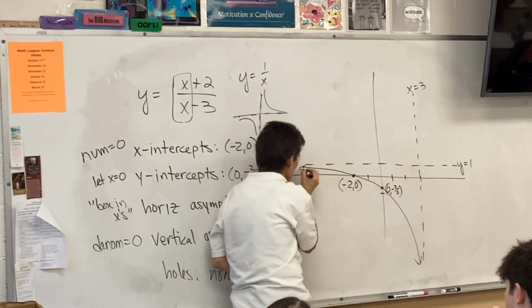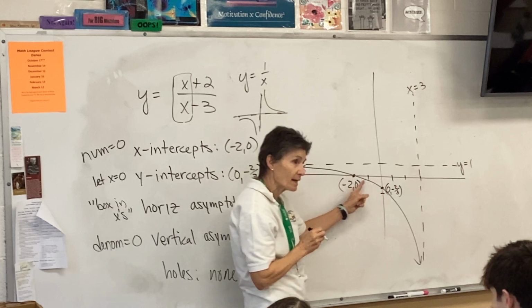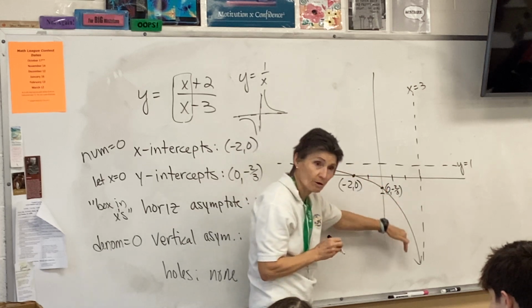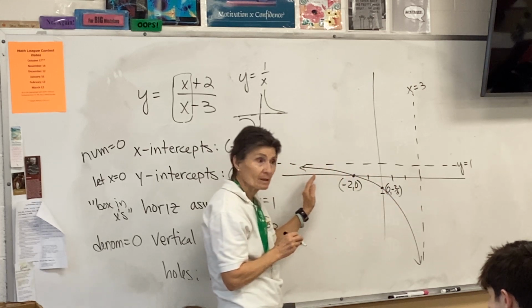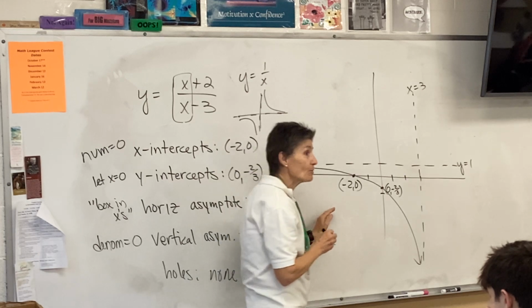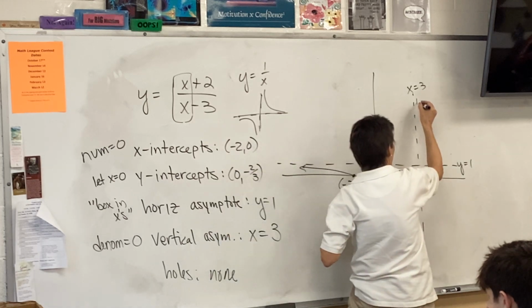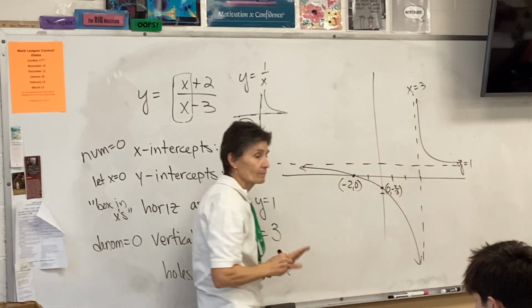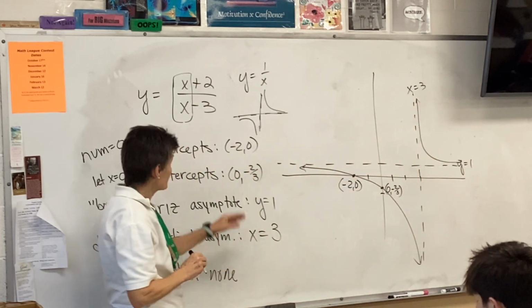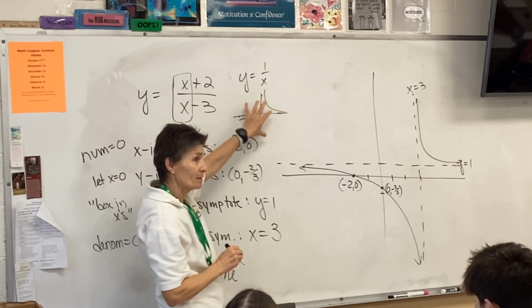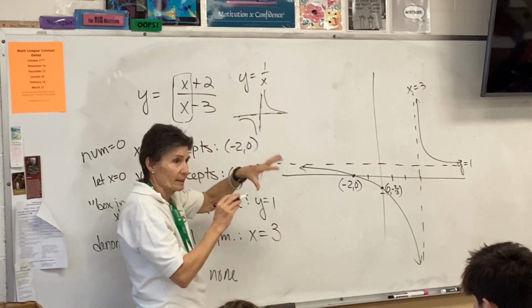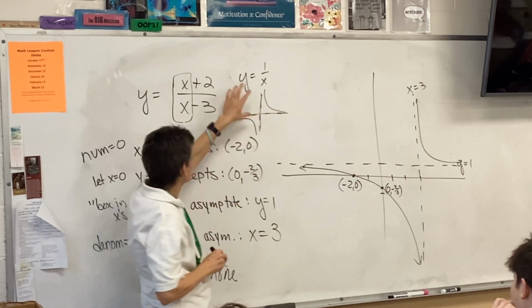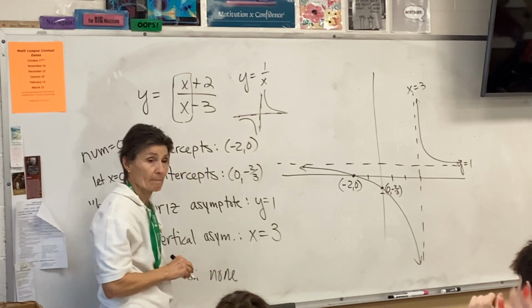Does that make sense, given those 2 points that I plotted, that I would have an arc that looks like that? And then the other arc is going to be opposite it up here in this corner. So it's going to have that shape. It's just moved a little bit because of these numbers right here.